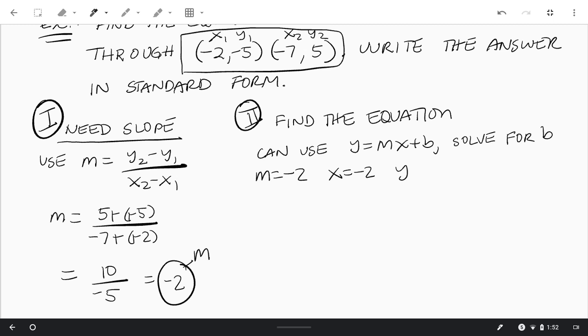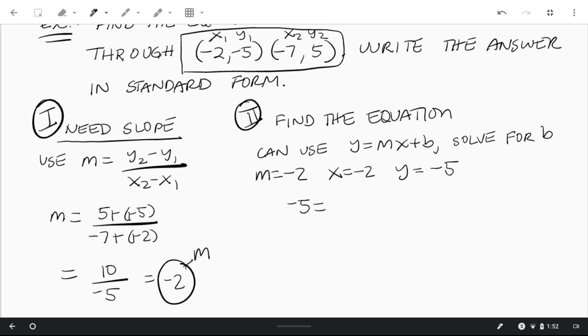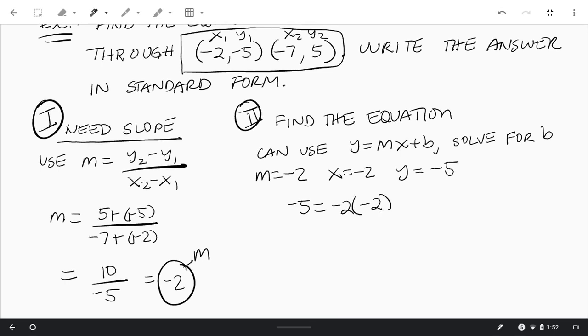Okay, so y is negative 5, m is negative 2, x is negative 2, and we need to solve for b. So negative 5 equals 4 plus b. Subtract 4 on both sides to solve for b, and we get b equals negative 8.